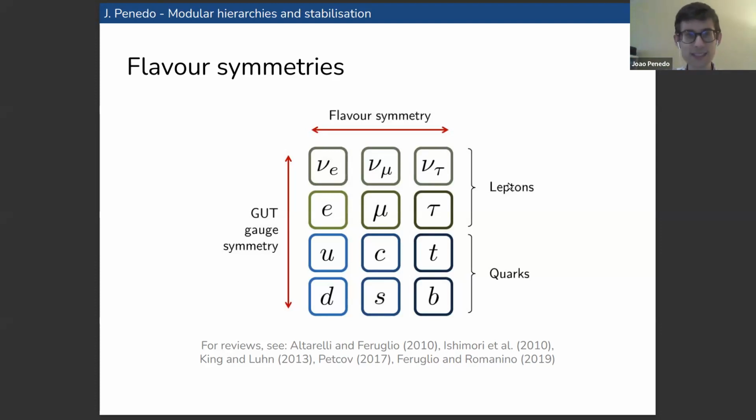And this is the approach of flavor symmetries. I'll not go into detail here, but we try to unify the generations in some kind of multiplets under the law of some symmetry group. And this will, in turn, determine their masses, their mixing patterns, and sometimes even the CP violation phases.